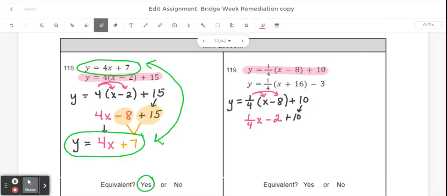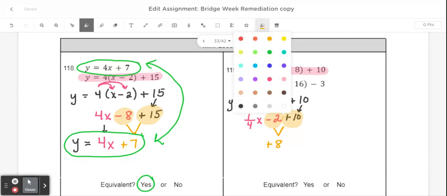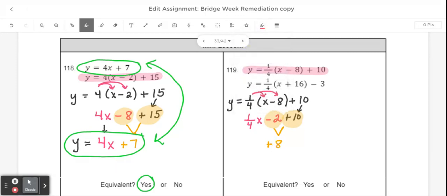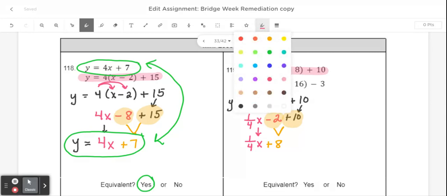Now I'm going to try to combine like terms. So in this case, the -2 and the +10 would be like terms because they both do not have an x, so they're alike. If I combine those, -2 plus 10 would be +8. And then I'm just going to drop down, I'm not going to change anything, the 1/4 x and the y equals.